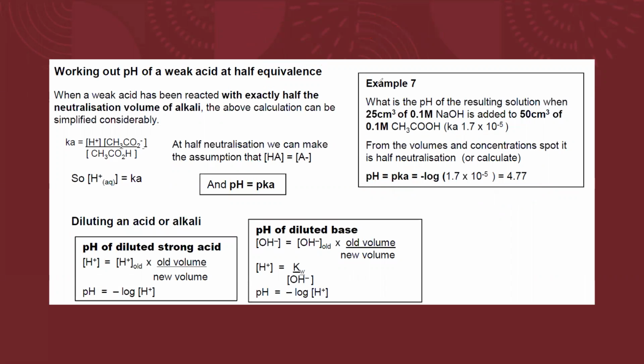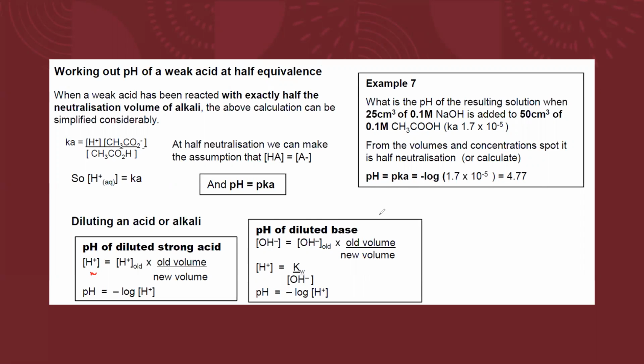And if we are diluting an acid, diluting means adding water. So if we are diluting acid and alkali, the hydrogen ion concentration will change. How to find it? The new hydrogen ion concentration is equal to the old hydrogen ion concentration multiplied by the old volume divided by the new volume.